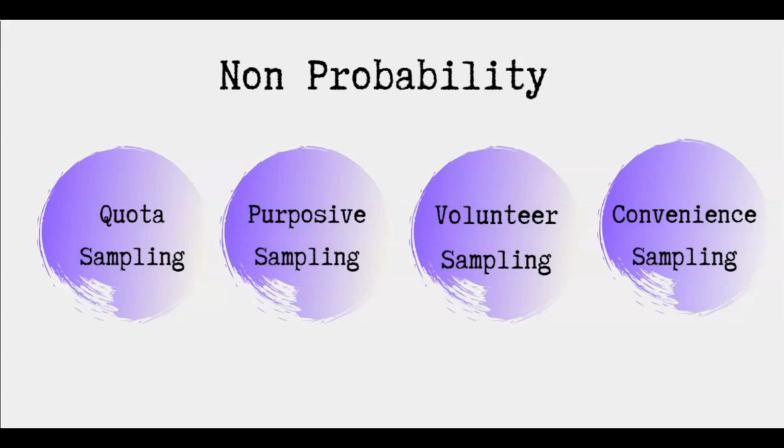Third, volunteer sampling. This type of sampling occurs when people volunteer their service for the study. In psychological experiments or pharmaceutical trials or drug testing, for example, it would be difficult and unethical to enlist random participants from the general public.